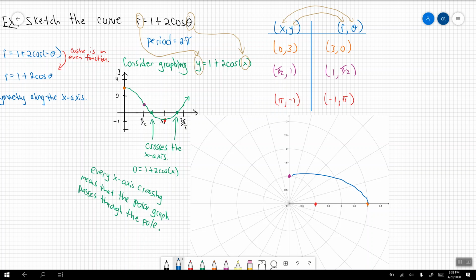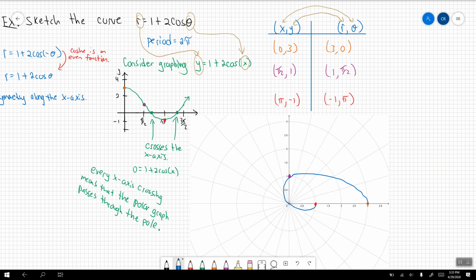From pi halves down to this angle between pi halves and pi, we're actually condensing down to 0. So we're going to collapse it down to the pole here. Once we collapse it to the pole, look at these radii again. These radii keep increasing till it gets to pi, till it gets to that red point. So I'm going to keep on increasing those radii just like this.